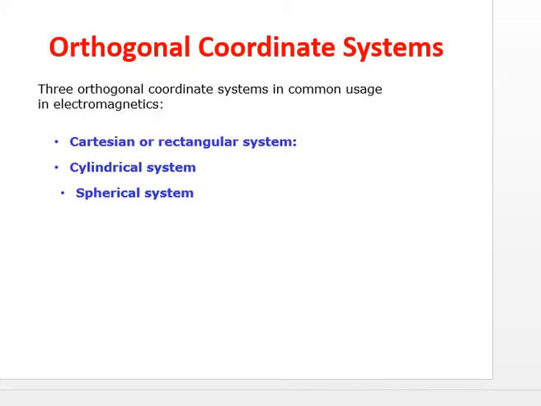But what is the requirement of the coordinate system? Why do we study it? Dear students, with the help of coordinate systems, we can analyze various types of symmetry. Now we start one by one.